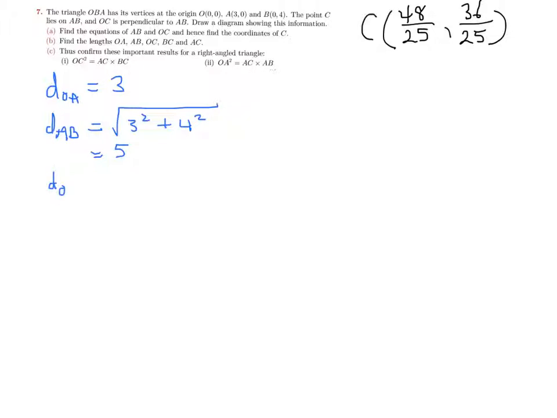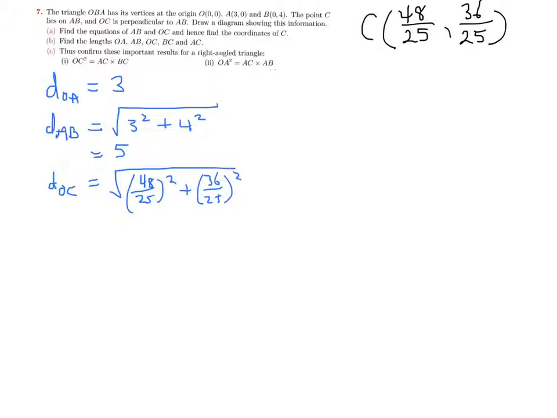The distance OC, or the length OC, is going to be, well, we kind of have a Pythagorean problem here because it's just the distance from the origin to a point. So we have the square root of (48 over 25) squared plus (36 over 25) squared.